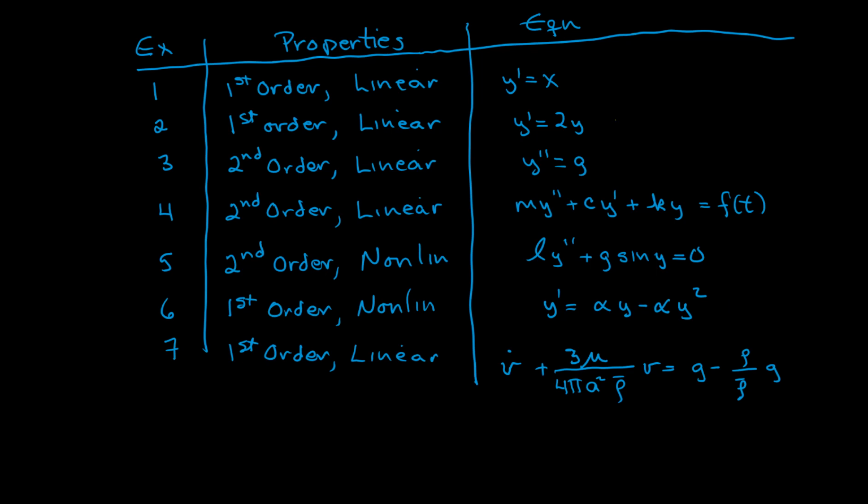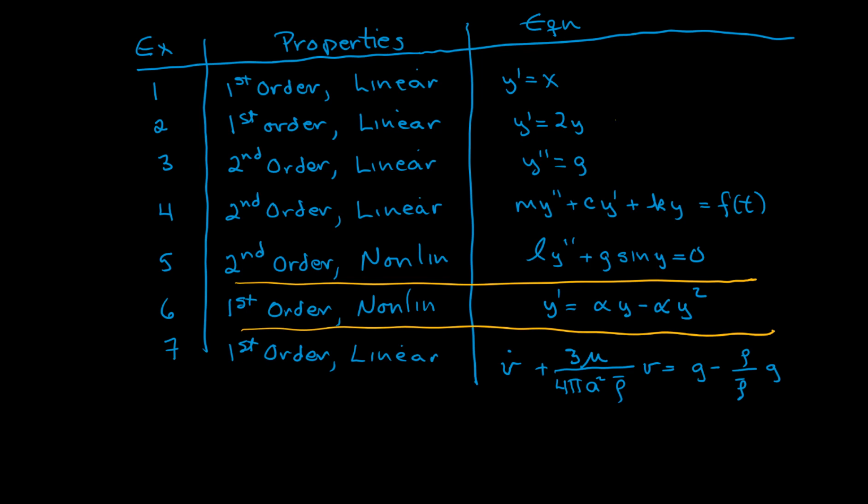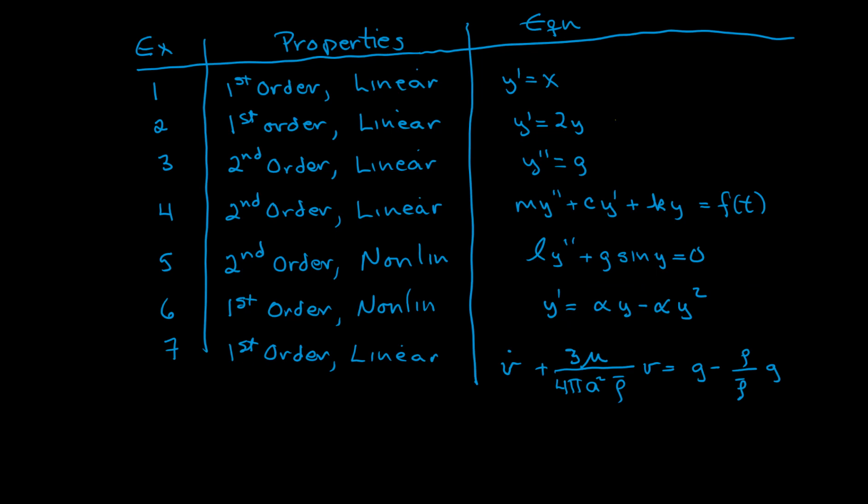Now, something to notice is the order and linear or non-linear are not connected to one another. They are independent of one another. You can be second order and non-linear. You can be first order and non-linear. You can be second order and linear. So don't go looking for some pattern and say, aha, if it's second order, it's non-linear.